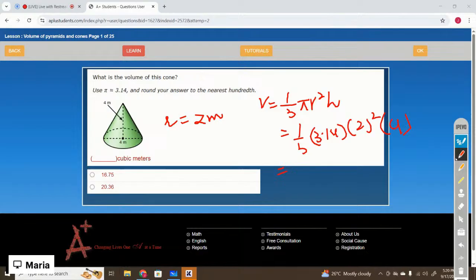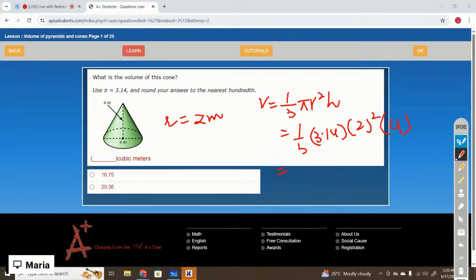Let's just do the calculations. 16 times 3.14, that is 50.24, and 50.24 divided by 3 is 16.75.